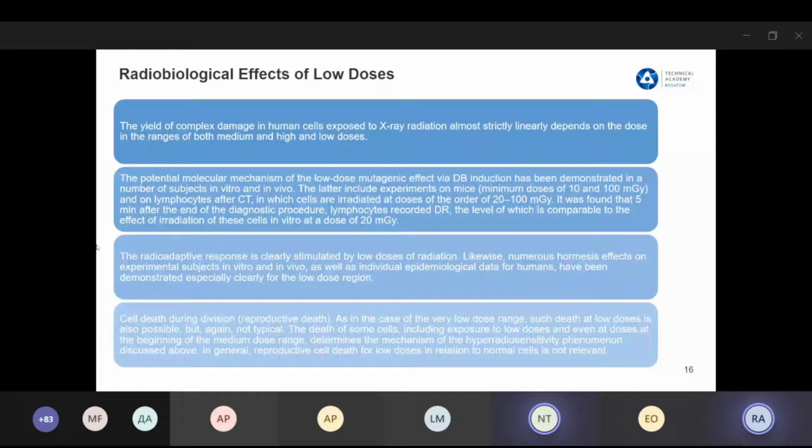However, many authors do not confirm this. If in the first group of works X-ray radiation prevailed, then in the second, gamma radiation. In general, it should be said that the range of low doses is the zone of confident registration of double breaks.